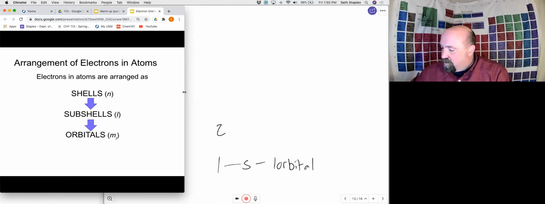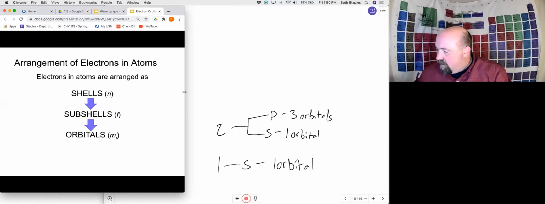The second Bohr shell splits into its S and its P. The S still only ever has one orbital, but the P sublevel now consists of 3 separate orbitals. The P sublevel holds 6 electrons total, and those 6 electrons are split up into the 3 different orbitals.